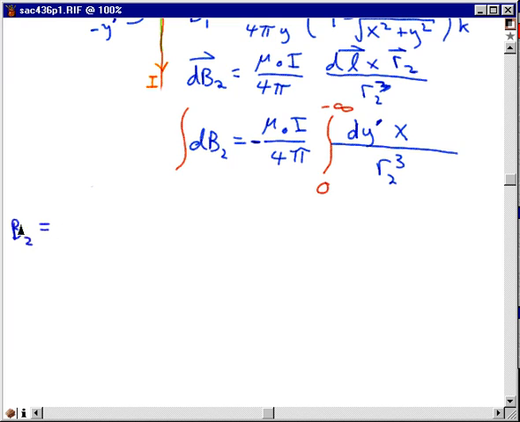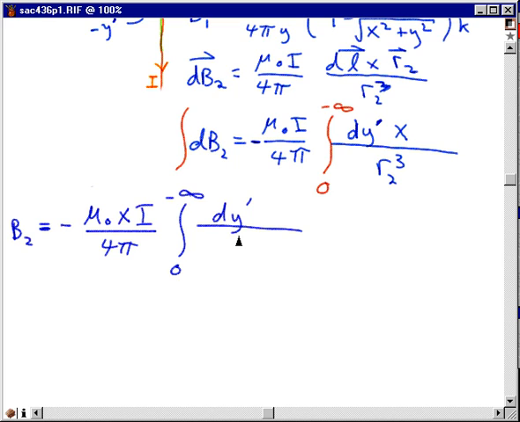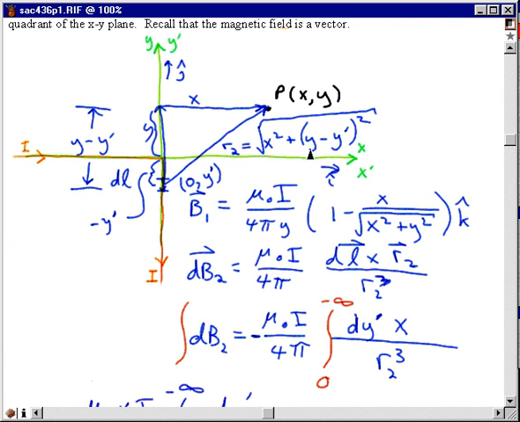So the sum of all the pieces gives me the total contribution from that vertical segment of the wire, and it's equal to minus mu 0, I'll take that x over there, the constant, times I, all divided by 4 pi, and then times the integral of dy prime, and by the way that's from 0 to minus infinity, over R2 cubed.